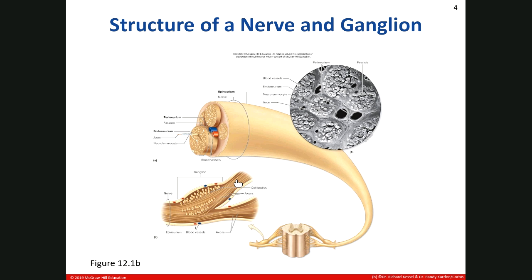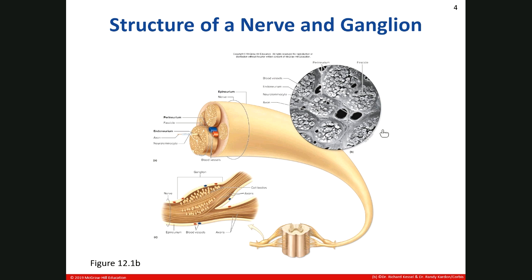So I would consider the whole nerve, that includes all the coverings, all the insulation, even the blood vessels found inside there, to be your actual organ itself. And then when you break it down to the cellular tissue, in a nerve you're not just going to have neurons, you'll also have glial cells, which we're going to talk about here in a second. Those are also cells in the central nervous system and the peripheral nervous system.